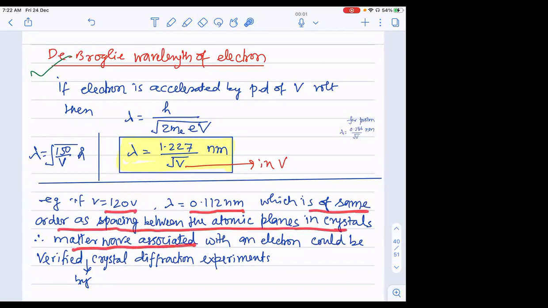Therefore, matter wave associated with the electron could be verified in the crystal diffraction experiment. Crystal diffraction experiment होता है, तो उससे matter wave of electron can be checked, can be verified.